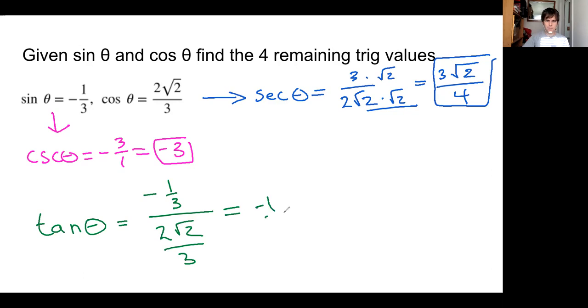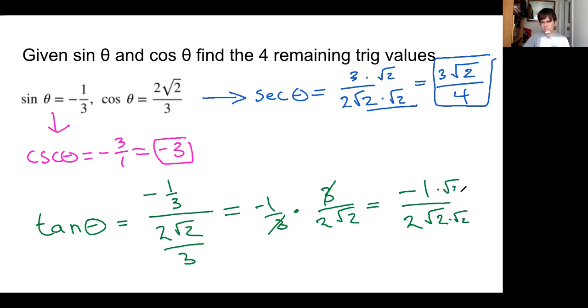So I'll do -1/3 times 3 over 2√2. These 3's will nicely cancel, but we're still going to end up with something that needs to be rationalized. Again, I multiply by the square root of 2 on the bottom and top. It gives me 4 on the bottom and just -√2 on the top. So that is my tangent value.